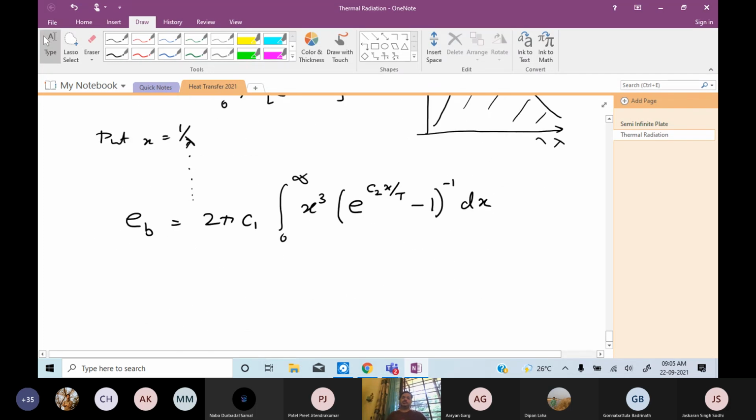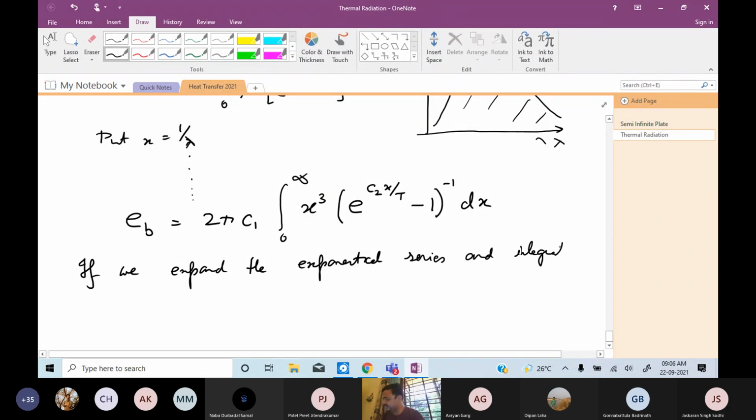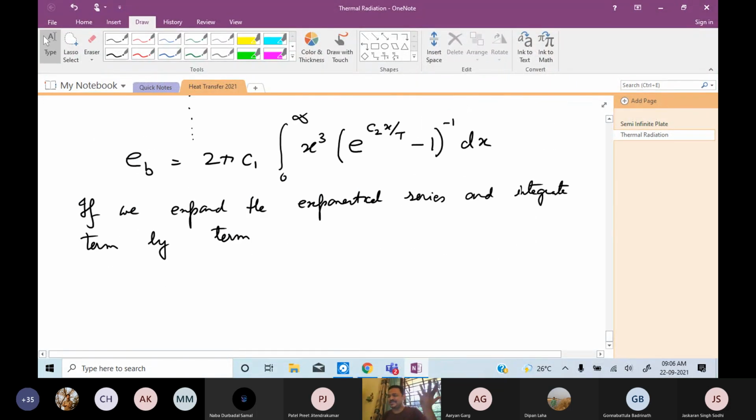Now what is this? This is 1 over e to the power mx minus 1, which we know can be expanded. You know that probably even better than me. So if we expand the exponential series and integrate term by term, term-wise integration, okay, what do we get?